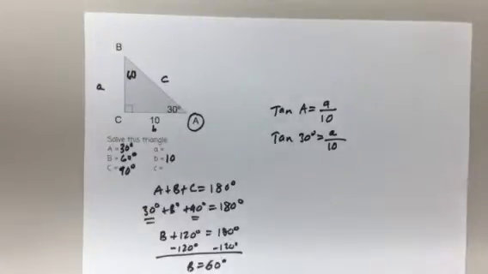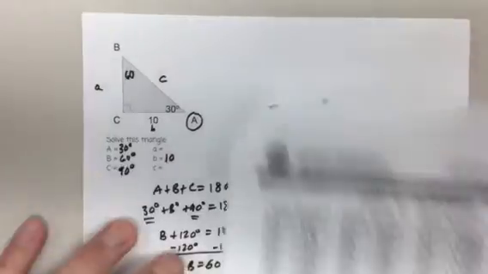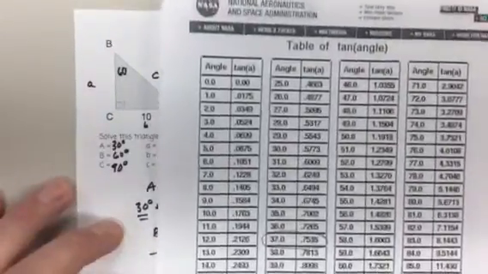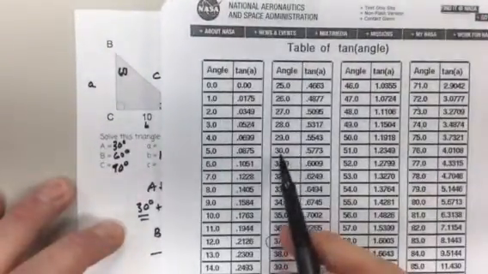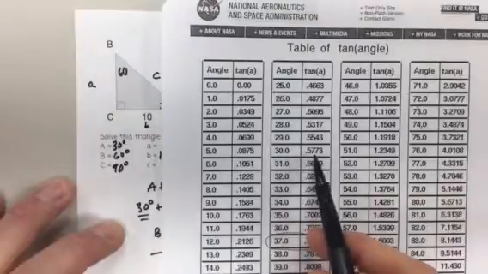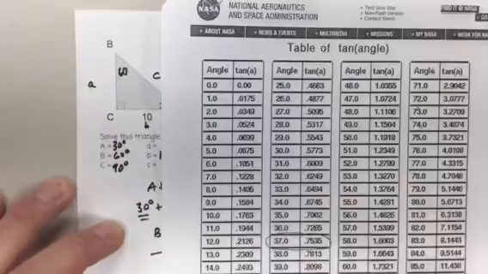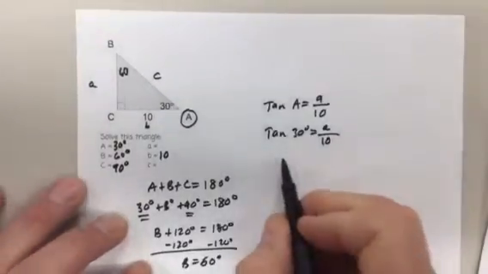Now I look up tangent 30 on my sheets. So tangent 30 is 0.5773. So I'm going to replace tangent 30 with 0.5773.